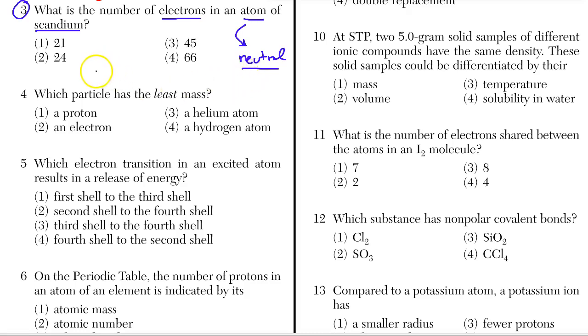We know in the nucleus we have protons that are positive, and on the outside there are electrons that have the same magnitude of charge, but negative. So protons are positive 1, electrons are negative 1. If an atom is neutral and all the positive comes from protons and all the negative from electrons, then the proton number has to equal the electron number.